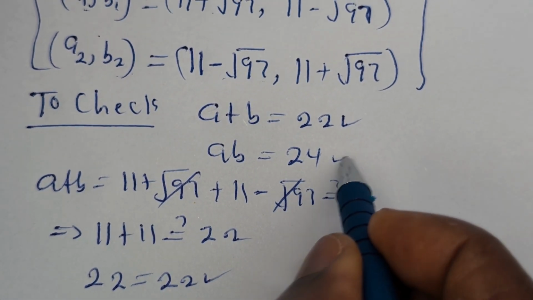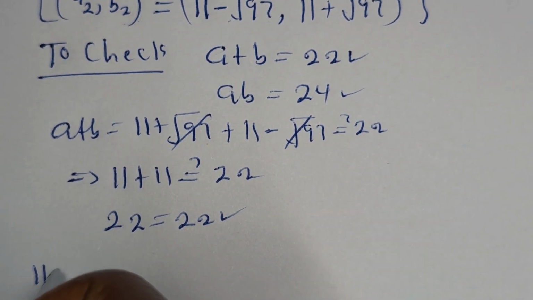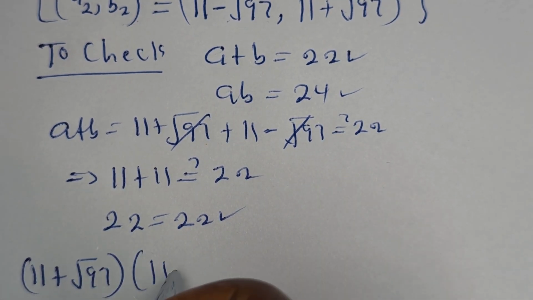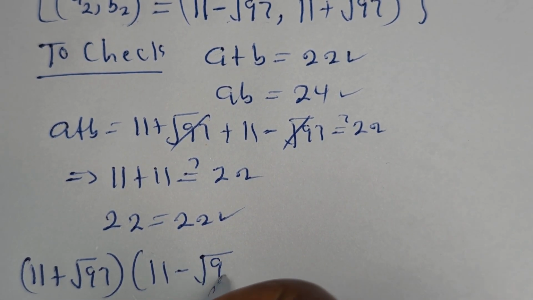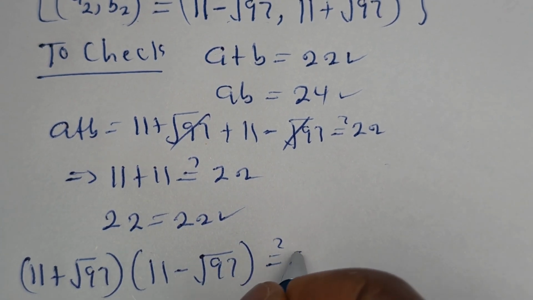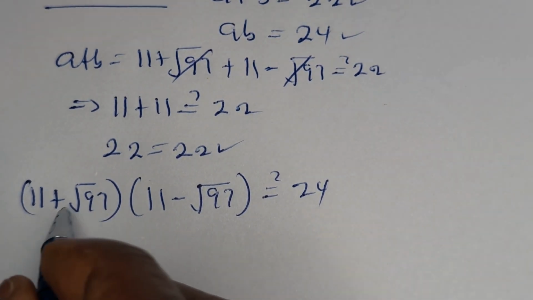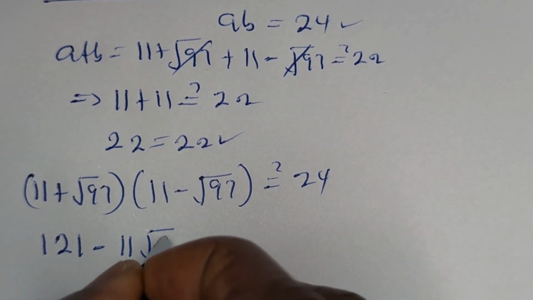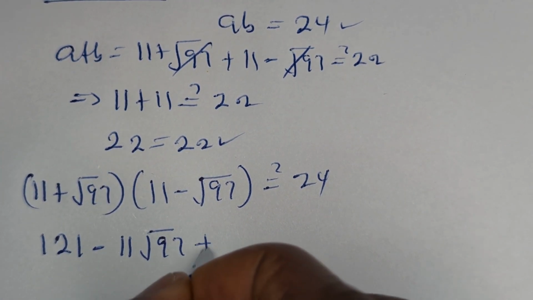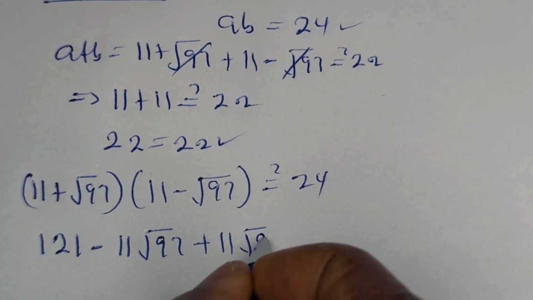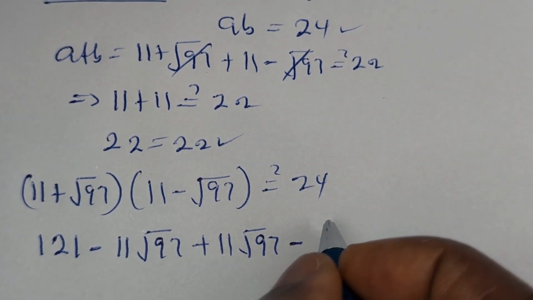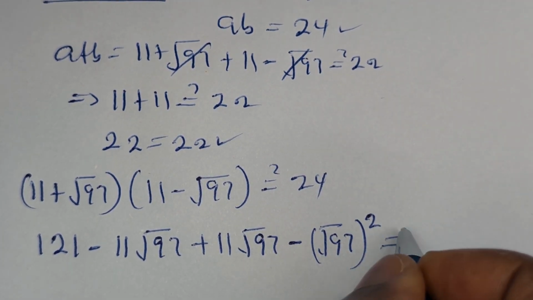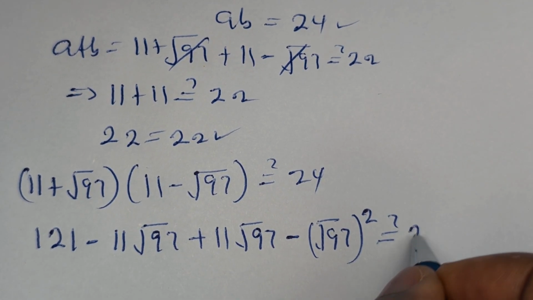Now let's consider this. 11 plus square root of 97 multiplied by 11 minus square root of 97 must be equal to 24. 11 times 11, 121, minus 11 root 97 plus 11 root 97, minus square root of 97 square, must be equal to 24.